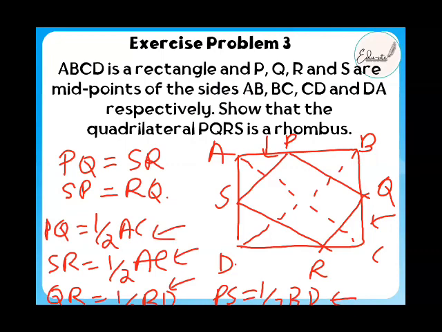Correct? If all these are equal, we also have one more thing in the rectangle. You know, in a rectangle, the diagonals are always equal. BD is equal to AC.